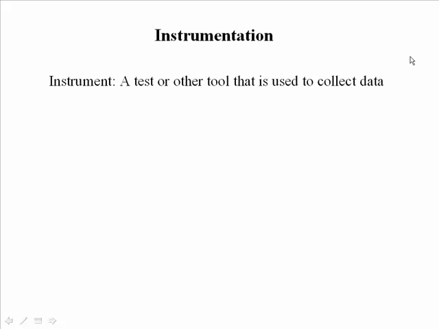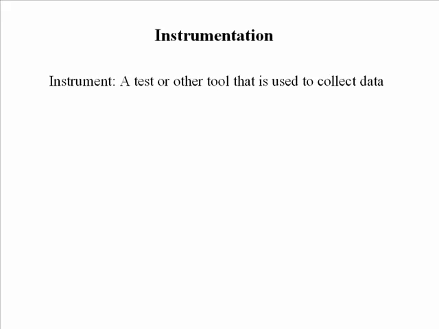Now, as we begin to examine reliability and validity, we can also introduce a new term which is traditionally viewed within the research field, but is also relevant to the classroom situation. And that is simply a discussion about instrumentation.